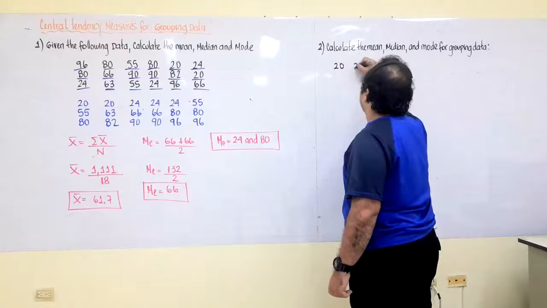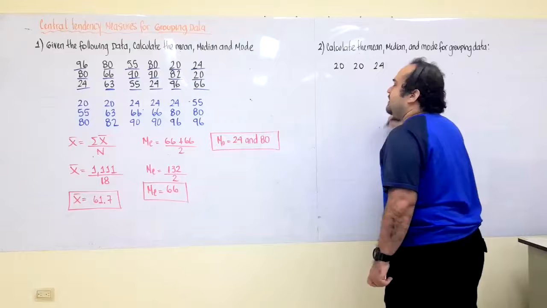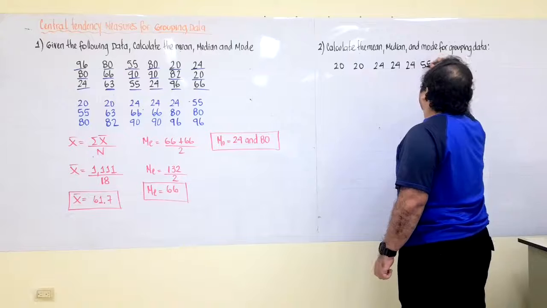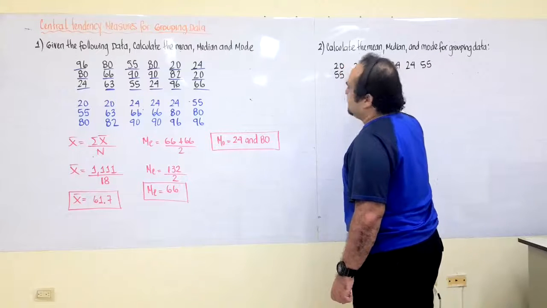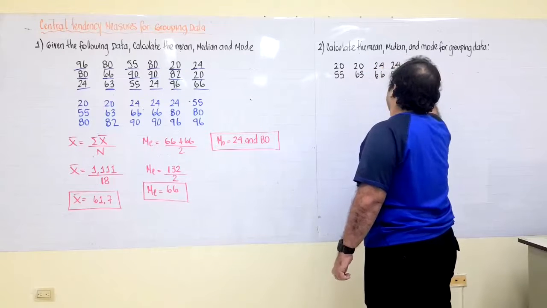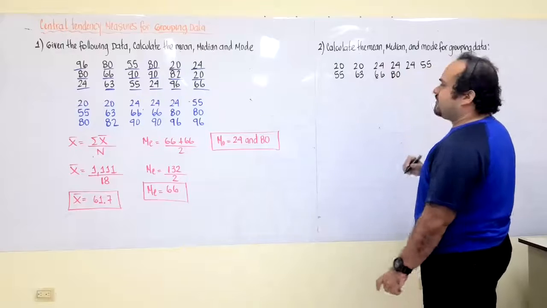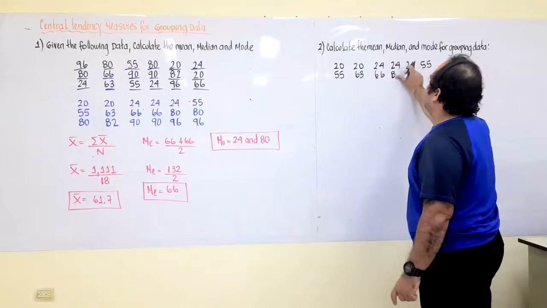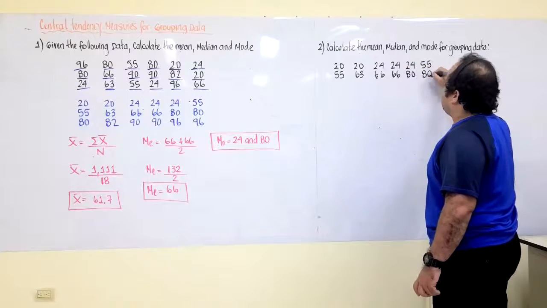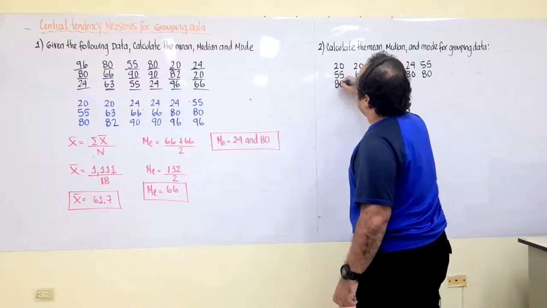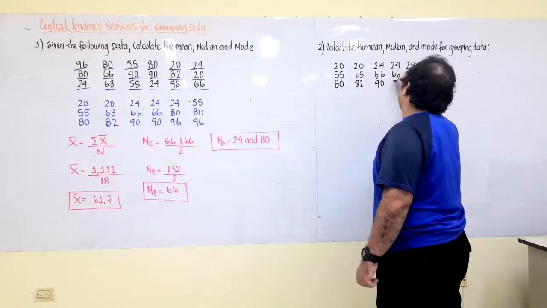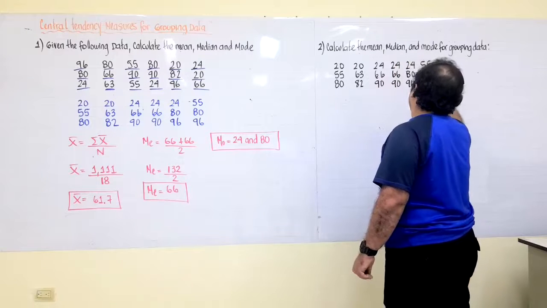20, 20, 24, 24, 24, 55, 55, 55, 63, 66, 80, let's see, 55, 73, 76, I skipped 76 here, 66, 80, 80, 80, 82, 90, 90, 96, and 96.